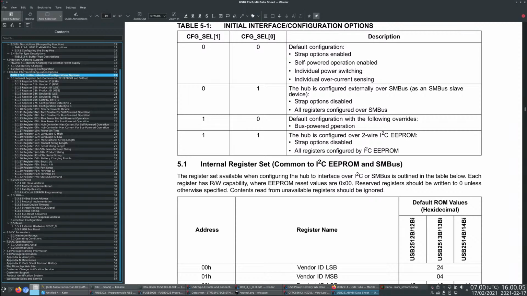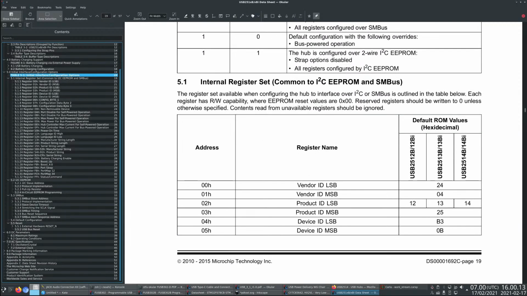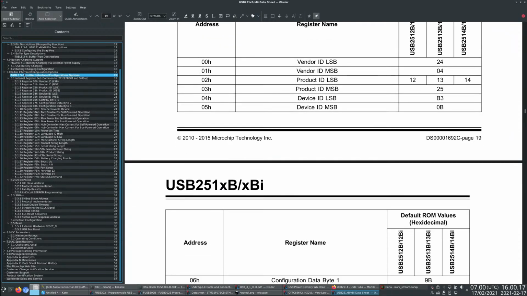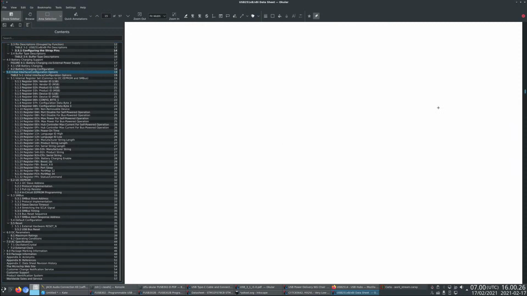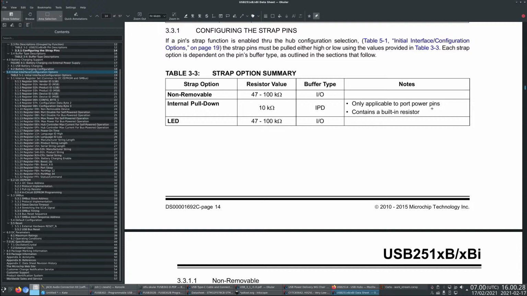I think as long as SMBus still works after booting in the default configuration, then we're fine. I need to double check this in detail. Strap options.